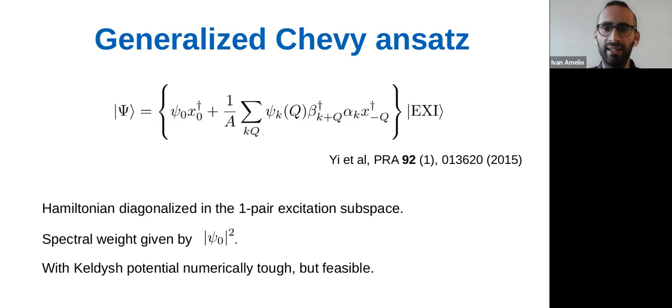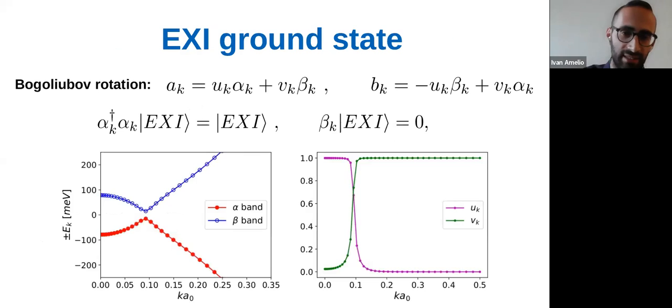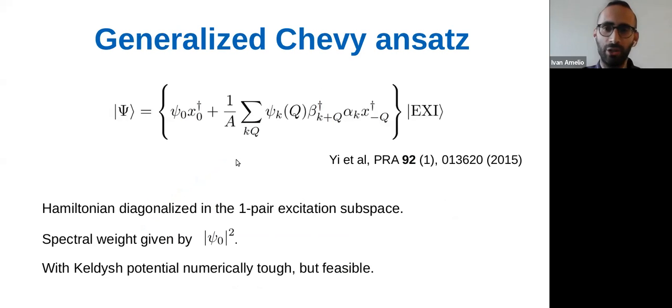In our case, the neutral excitations are alpha to beta excitations, in the sense that we take an alpha and excite it to a beta quasi-particle. So it is natural to write down this generalized Chevy Ansatz, and we still truncate to one pair excitation. The optical spectra will be given by the eigenvalues of the Hamiltonian in this subspace, weighted by psi 0 squared, that is the bare exciton.